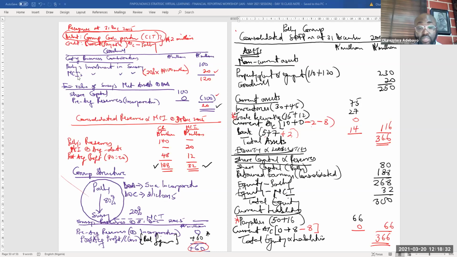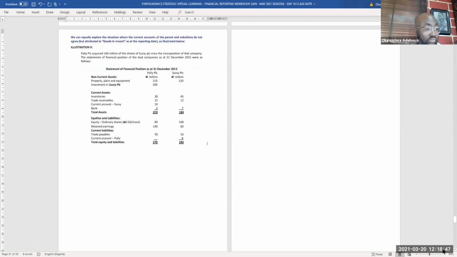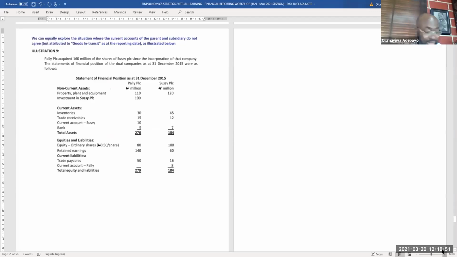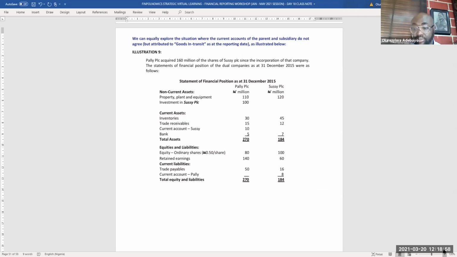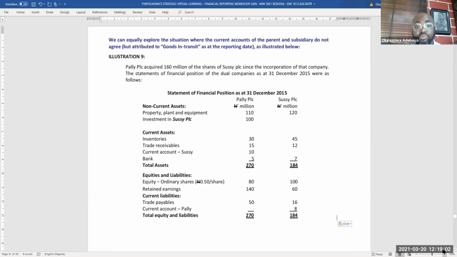Now look up, now. I've changed it to, as opposed to cash in transit, the same question. As opposed to cash in transit, it is what?